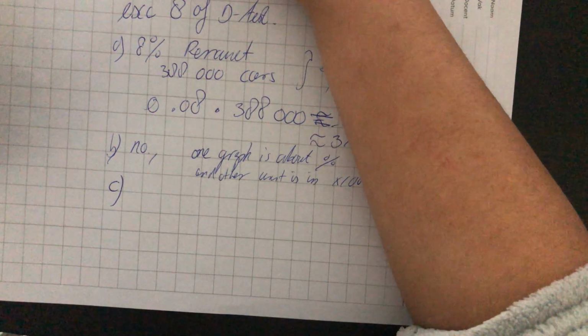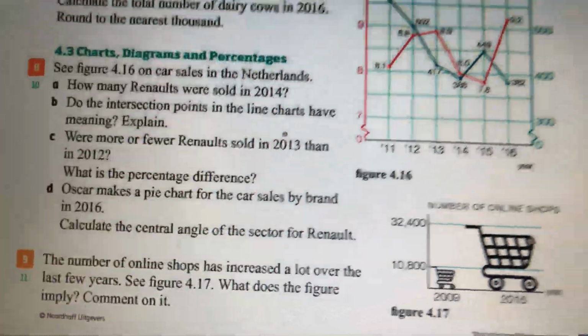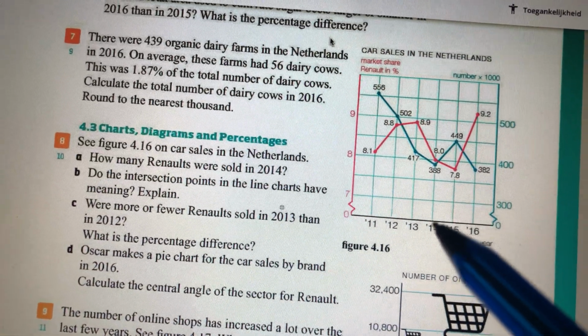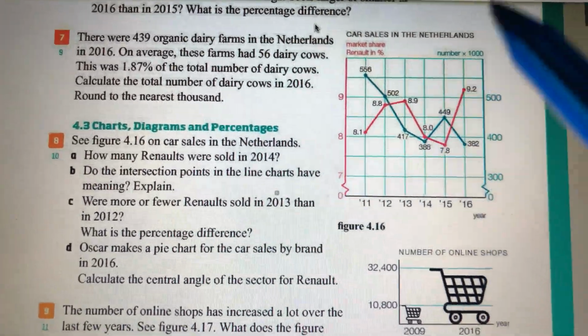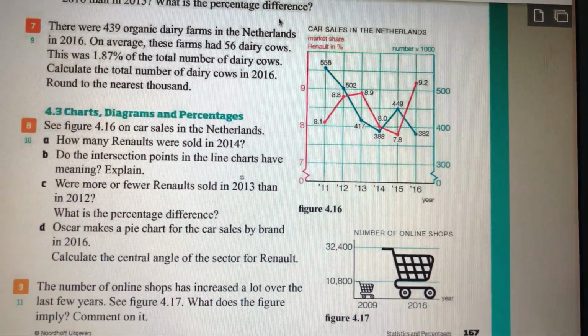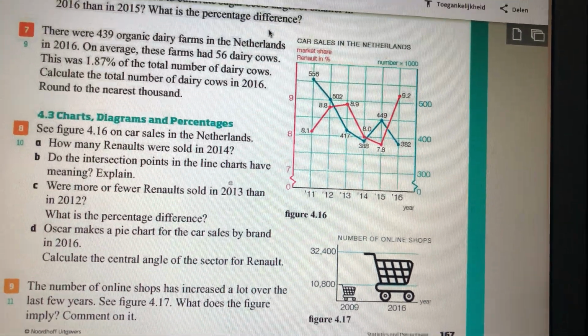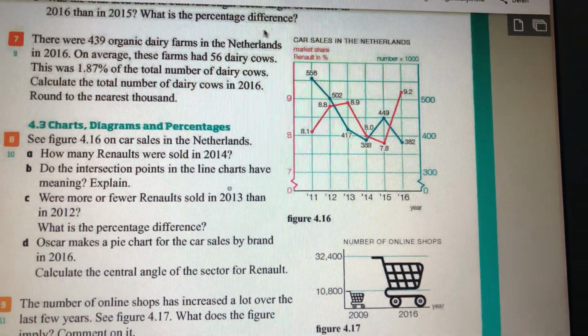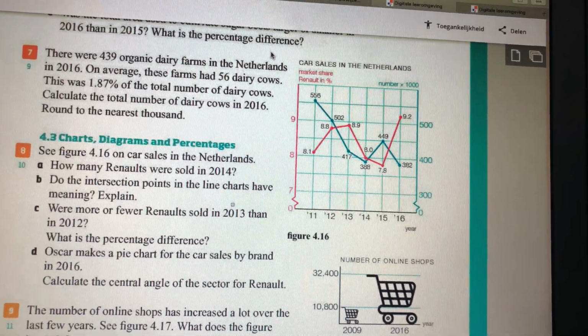Okay, let's look at question C. So in question C, let's read it again. Were more or fewer Renaults sold in 2013 than 2014? We have to write down quite a lot of information. So what we see in 2012, let's start with 2012. We see 8.8% and a total amount of 502,000 cars.